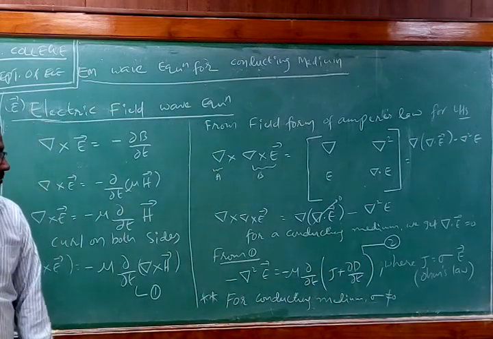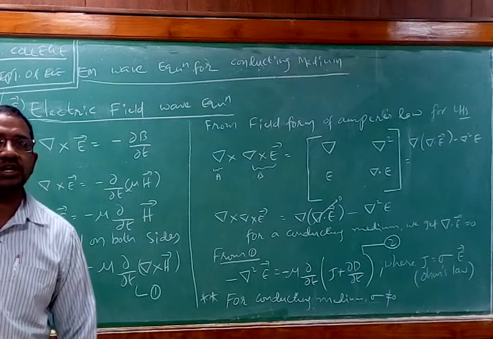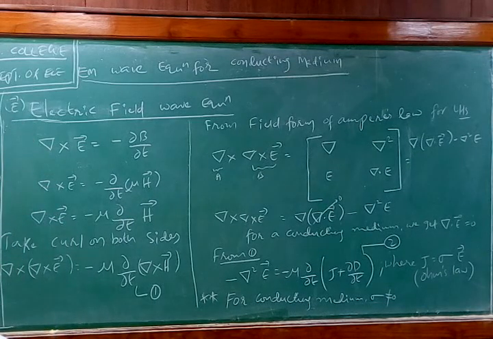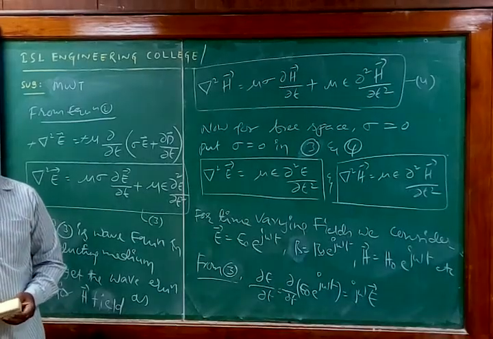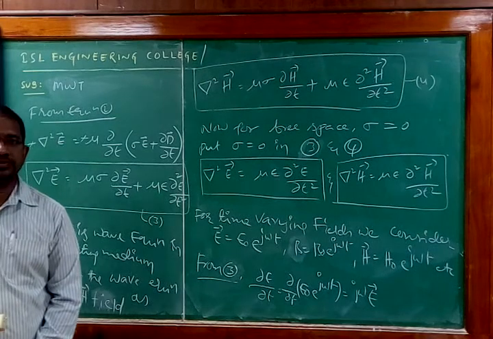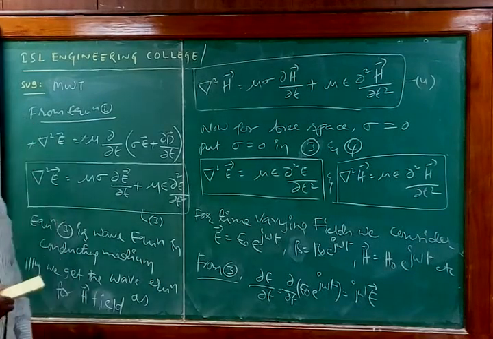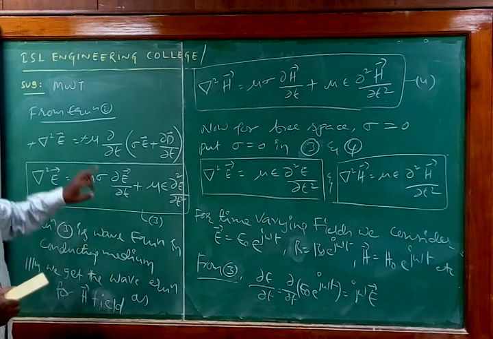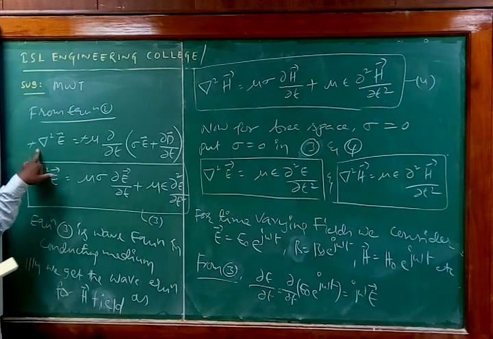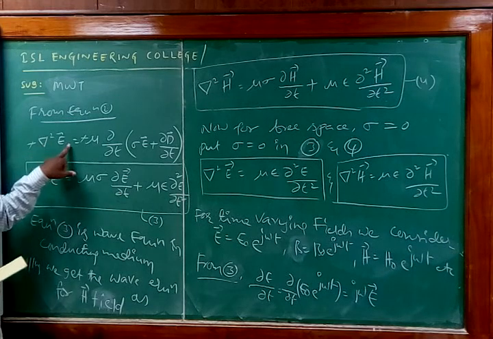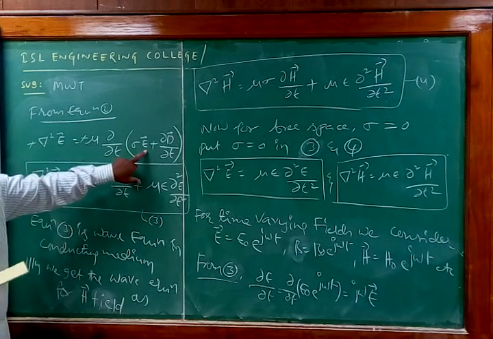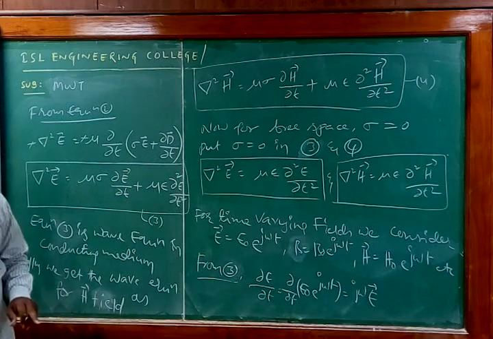Now what is basically J? J is nothing but equal to sigma E, which is based on Ohm's law. So we can expand J using Ohm's law as J is equal to sigma E. Now we can use that in the previous equation, where I can write del square E is equal to mu dou by dou t of sigma E plus dou D by dou t.